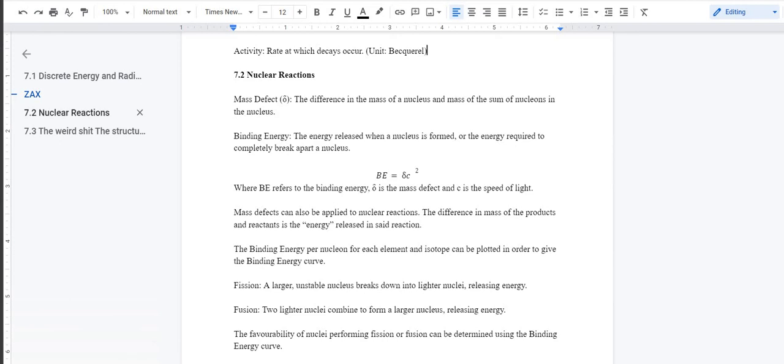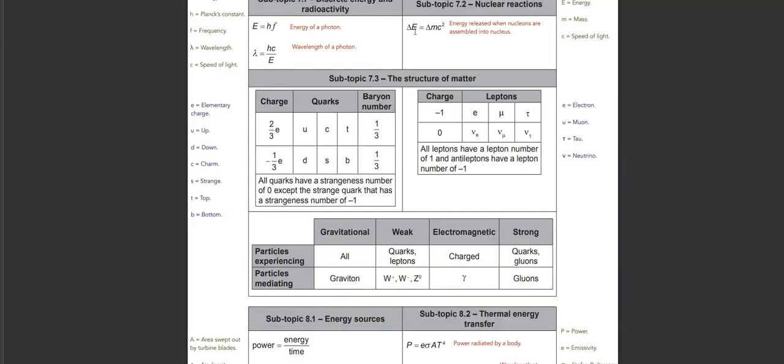When they come together to form a helium nucleus, they actually release some energy. As a result of this energy released, its mass is actually less than what it initially was. This relates to Einstein's famous equation, E equals mc squared.